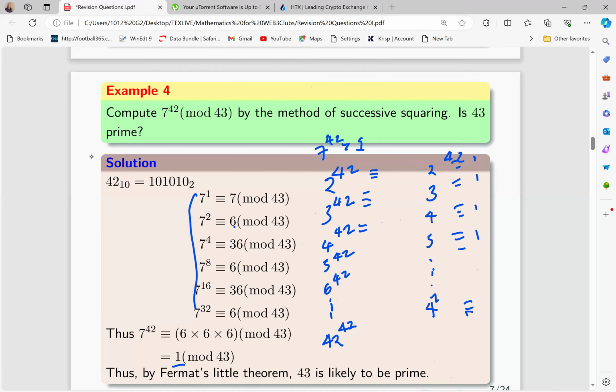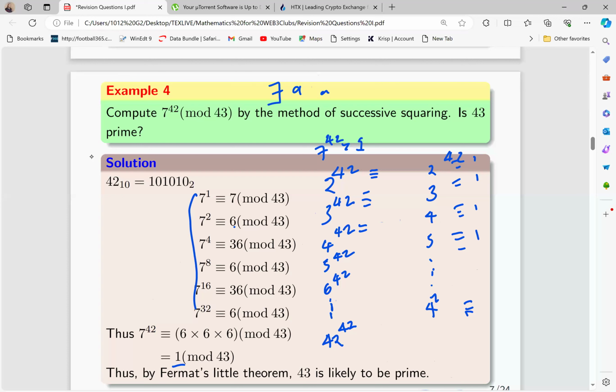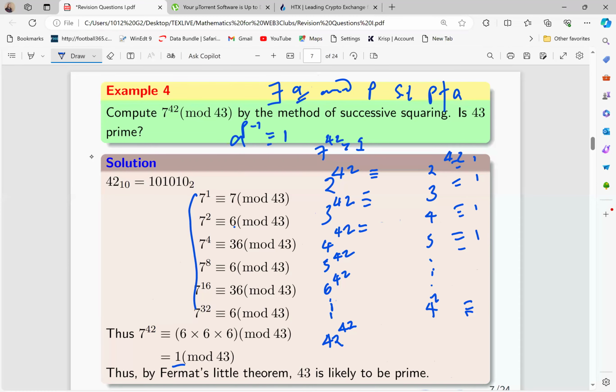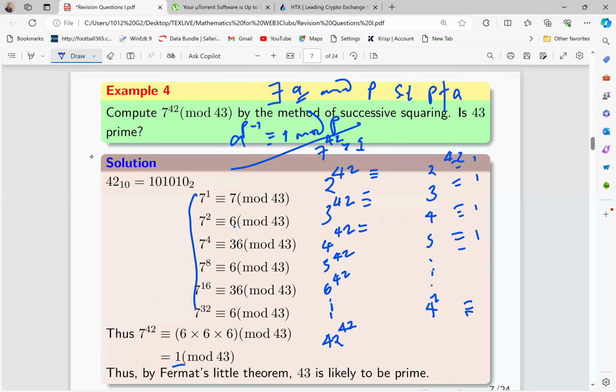Fermat's little theorem says that given a positive integer r and a positive prime number p, such that p does not divide r, then r raised to p minus 1 should be congruent to 1. So if p is a prime number and does not divide r, then r raised to p minus 1 should give you 1.